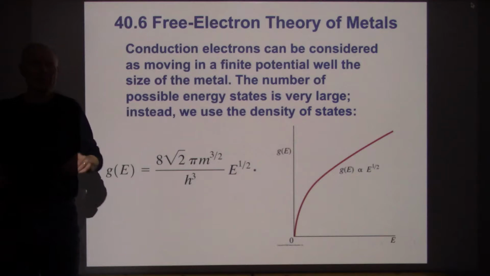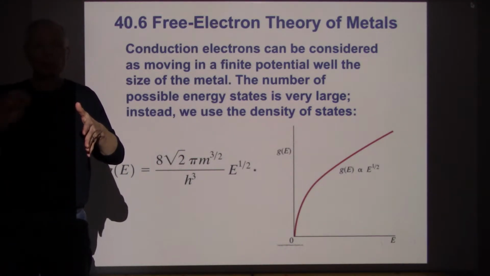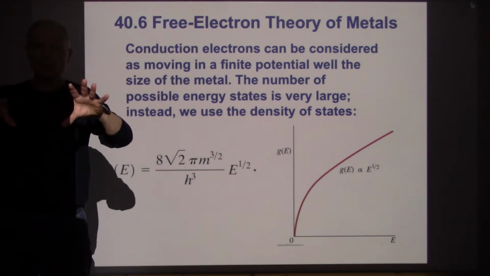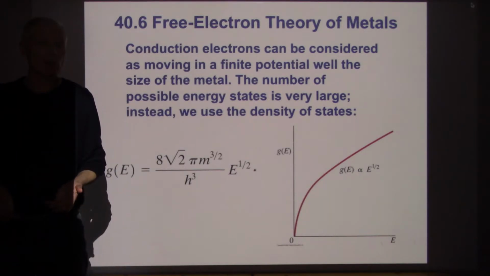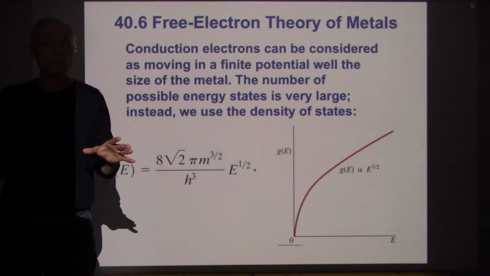So when we take a block of metal and start placing electrons in there, the electrons end up feeling the effects of the entire block of metal plus all the other electrons. And so there's an average effect that each electron feels.